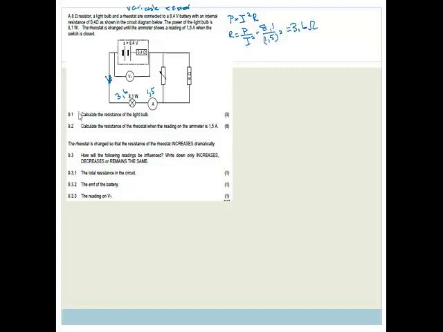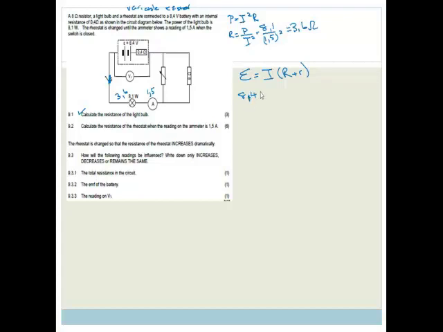Now it says calculate the resistance of the rheostat when the reading on the ammeter is 1.5 amps. In other words, we need to work out the total external resistance of the circuit so that we can work out this resistance. So we've got EMF is equal to I(R + r). The EMF is 8.4.